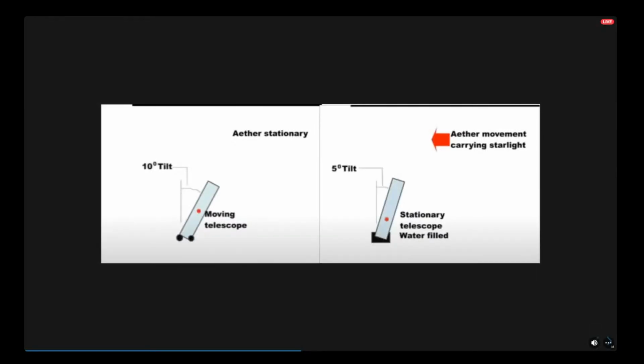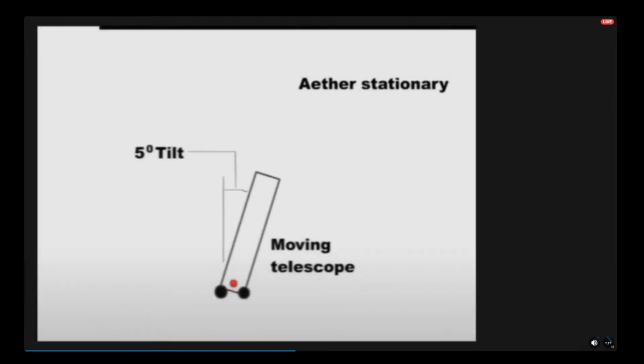You're going to have to tilt it forward additionally to get it to come into the center when there's a medium in there. And if the Earth isn't moving, if the starlight's already coming in at a 5 degree tilt because of an ether drift, right? Then when you put the water in, you're not going to need to correct it. You're not going to need to tilt it any further. So let's see what happened.